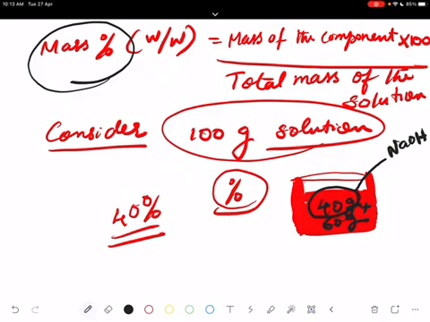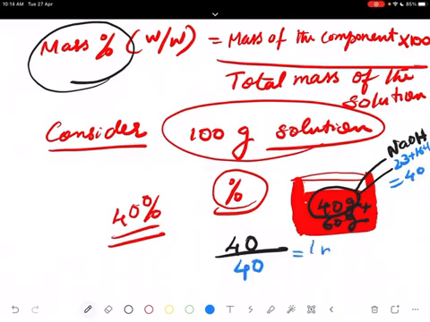But we have to find out the molarity. We have to find out the number of moles in this 40 gram. If it is NaOH, how can we find out the number of moles? Number of moles is 40 upon the molar mass of NaOH. Molar mass of NaOH is 23 plus 16 plus 1, that is 40. So we'll be dividing it by 40. That means 1 mole.